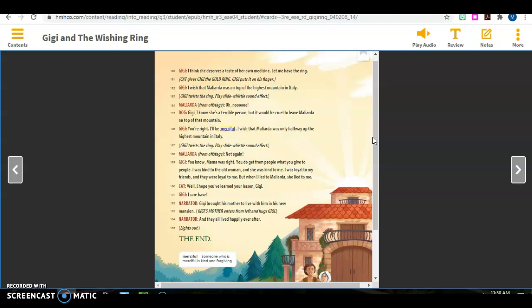Gigi: You know, Mama was right. You do get from people what you give to people. I was kind to the old woman, and she was kind to me. I was loyal to my friends, and they were loyal to me. But when I lied to Magliarda, she lied to me. Cat: Well, I hope you've learned your lesson, Gigi. Gigi: I sure have. Narrator: Gigi brought his mother to live with him in his new mansion. Gigi's mother enters from the left and hugs Gigi. Narrator: And they all lived happily ever after. Lights out. The end.